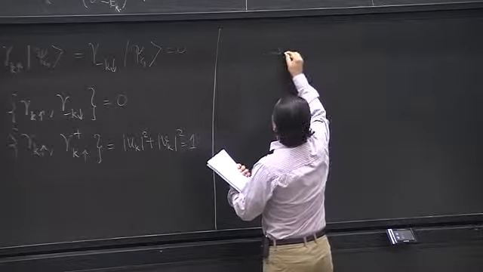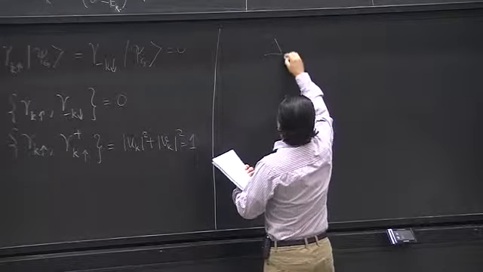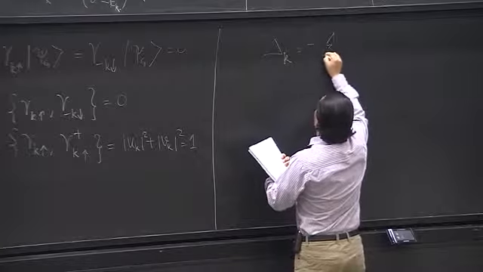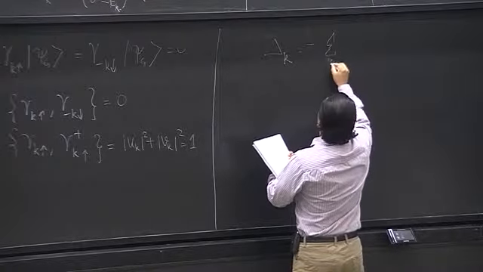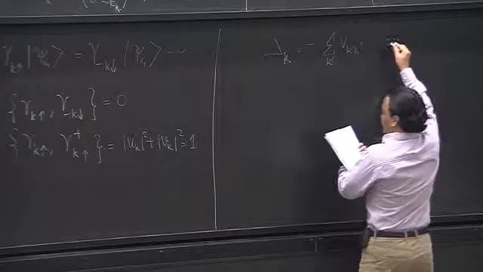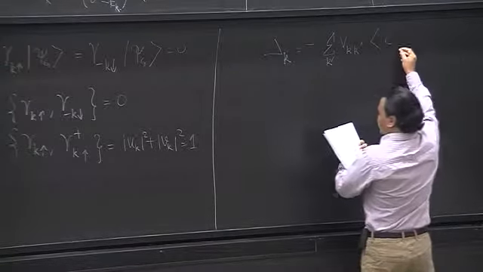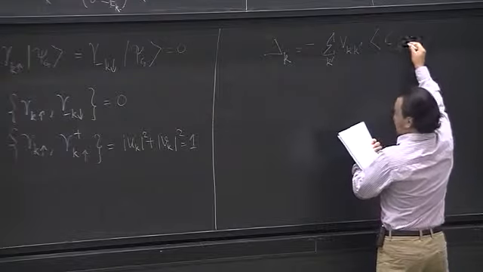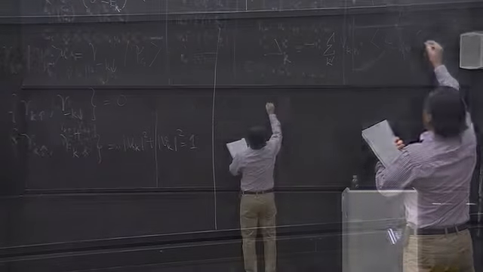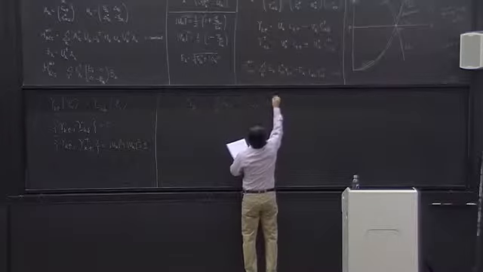So we define delta_k as minus the sum over k prime, V_kk', c_{-k' down} c_{k' up}.